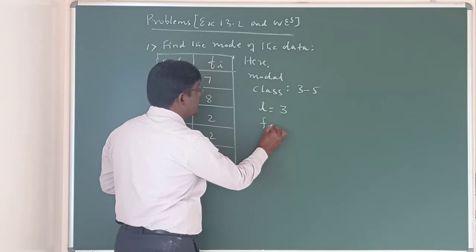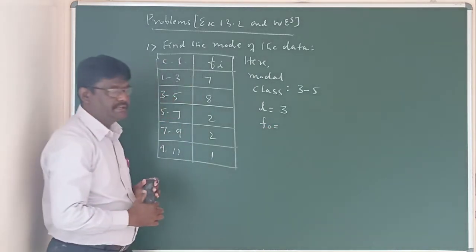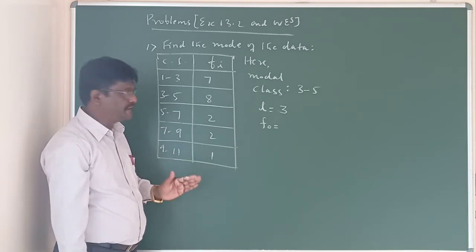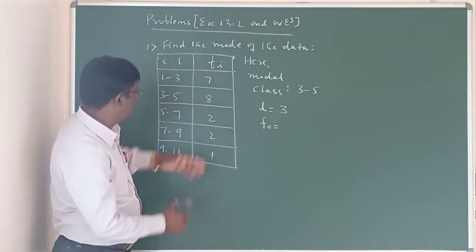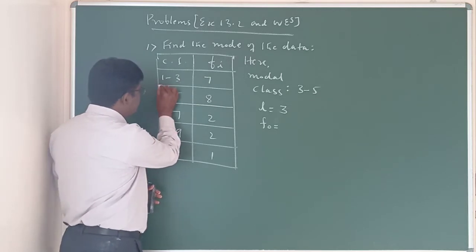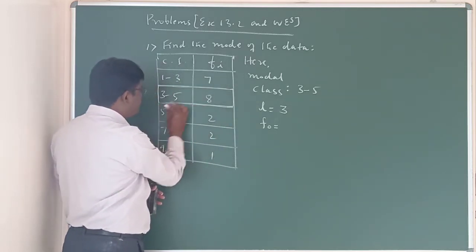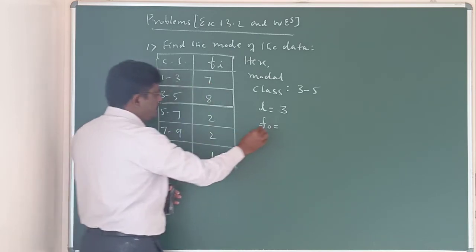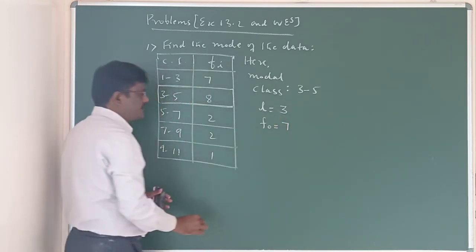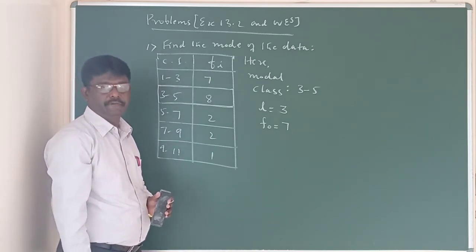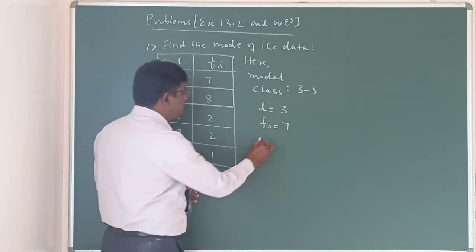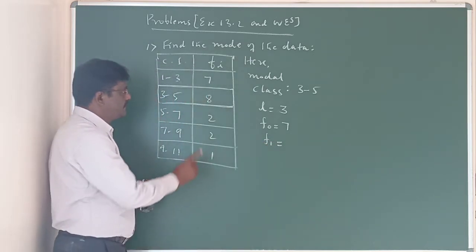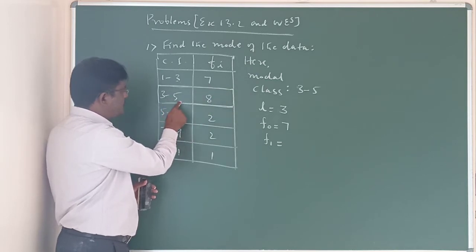Next, F0. What is the meaning of F0? It is the frequency of the class preceding the modal class. The modal class is 3 to 5, which is preceded by 1 to 3.